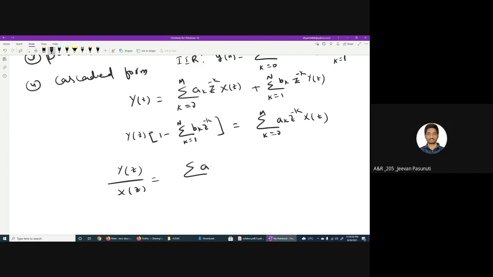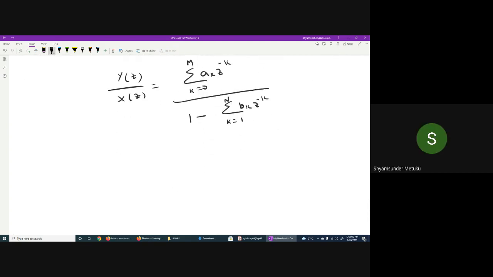Summation of k equal to 0 to m, a_k z to the power minus k, divided by 1 minus summation of k equal to 1 to n, b_k z to the power minus k. Now, if you expand in general, it is an H of z. Generally, if any z transfer function is given, it will be given something like this. I'm giving some random example. Is it not following the above equation?